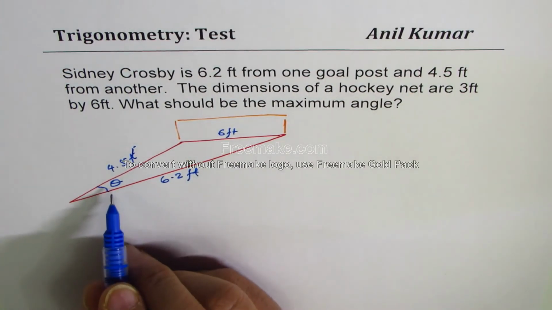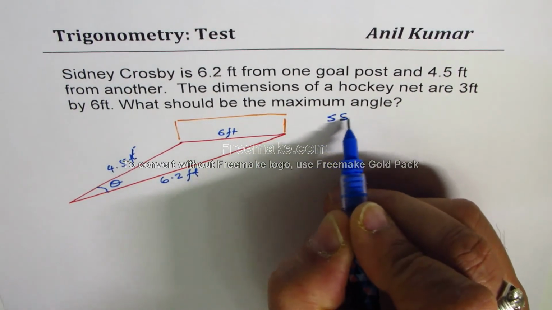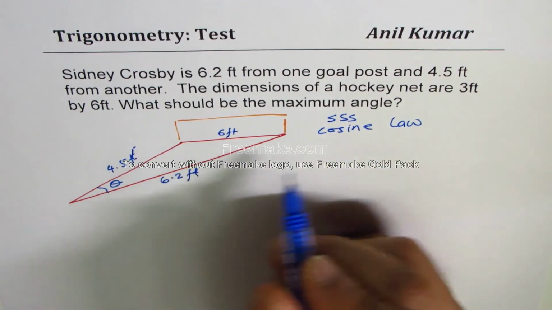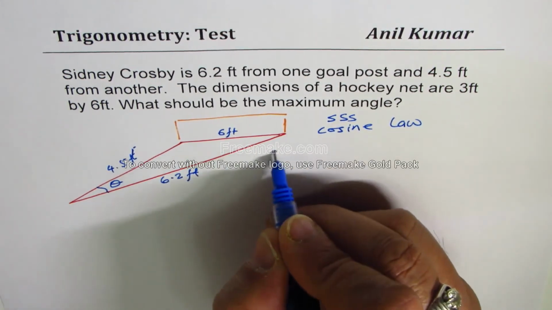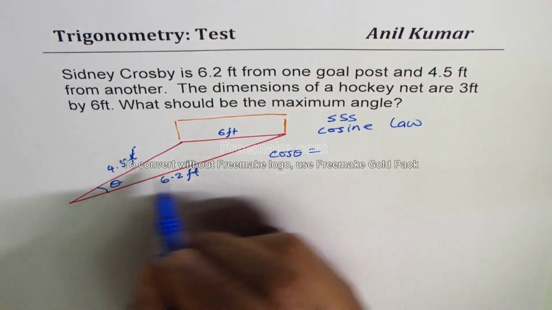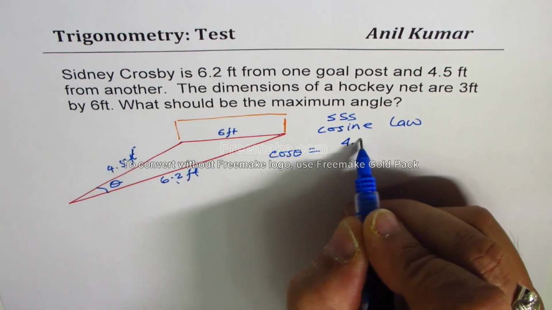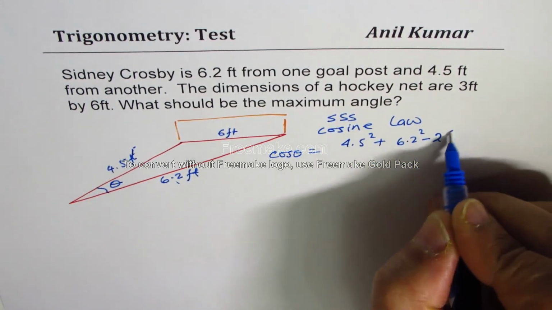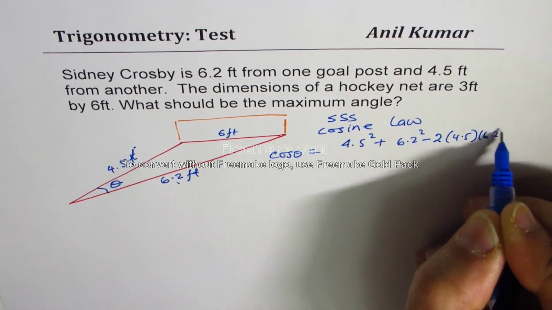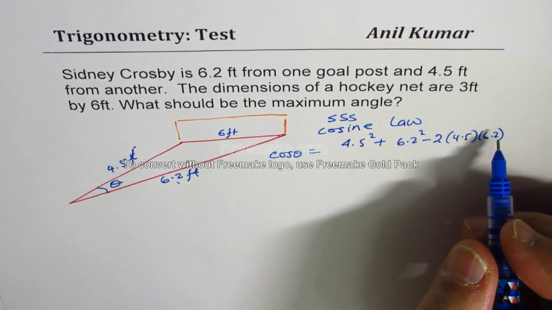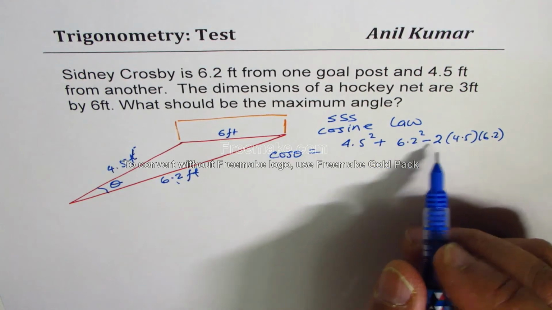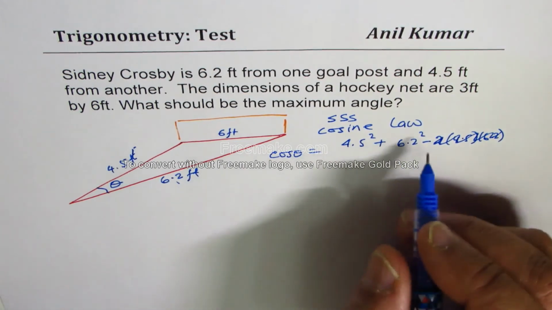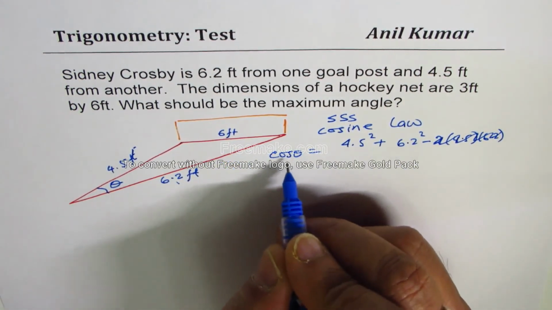So when three sides are given, SSS, use the cosine law to find this angle. So cos theta will be equal to 4.5 square plus 6.2 square minus 2 times 4.5 times 6.2 times, this square plus this square minus 6 square, because we are trying to find the angle, right?